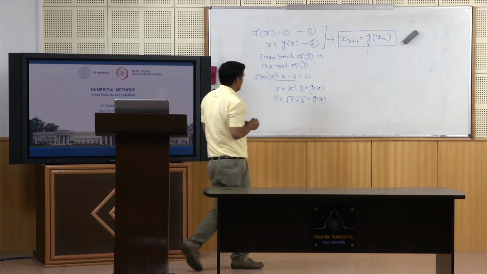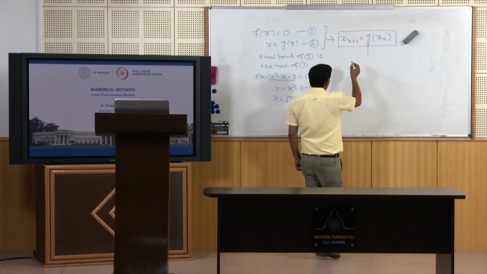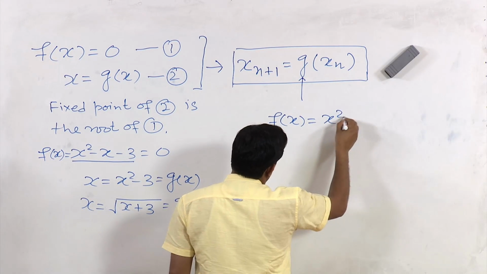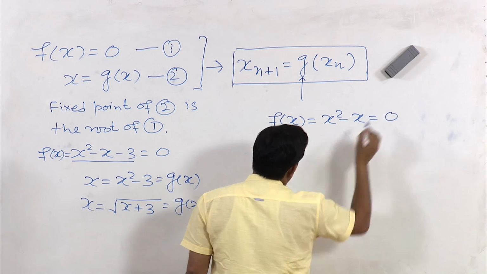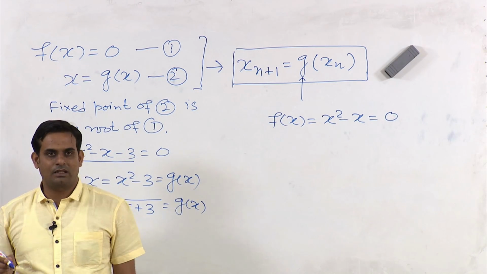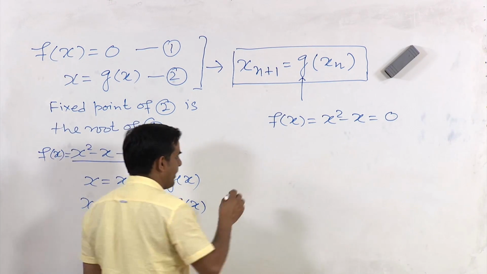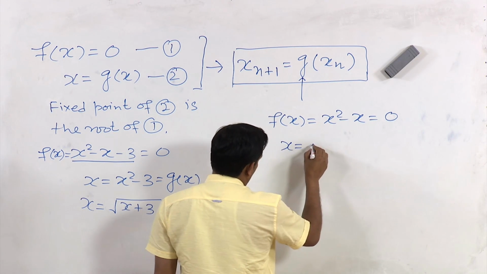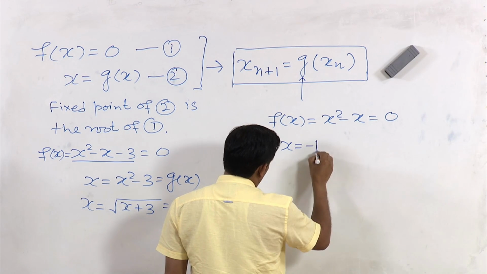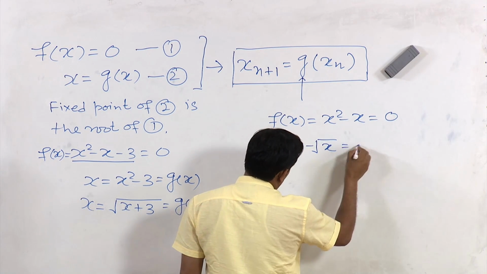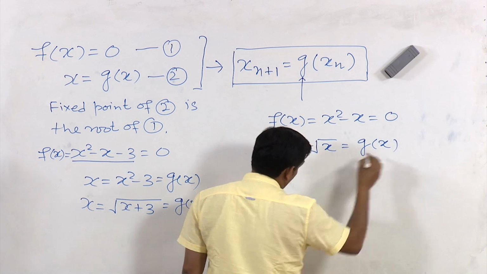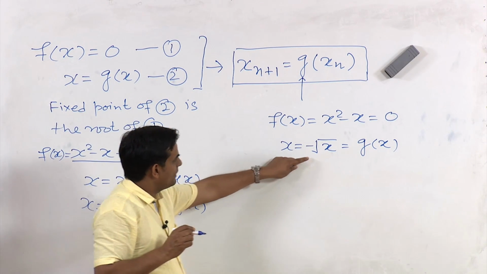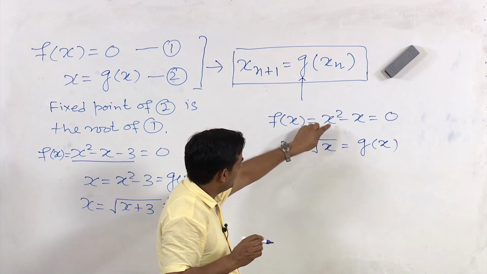If you take a very simple example, let us say f of x equals x square minus x equals 0. Suppose I need to solve this equation. What will happen if I choose x equals minus square root of x, equals g of x?